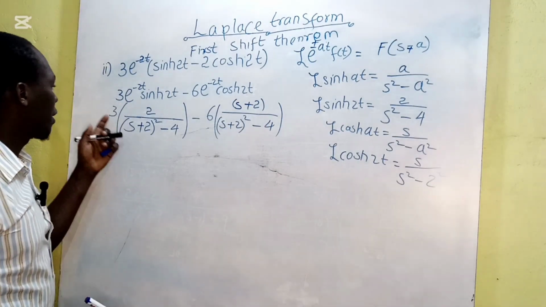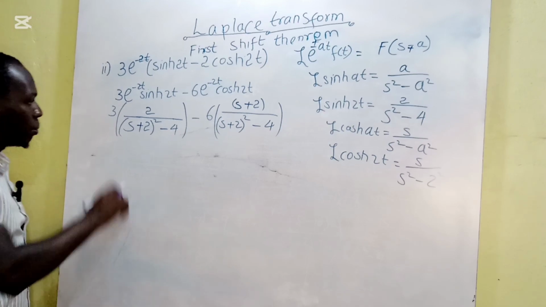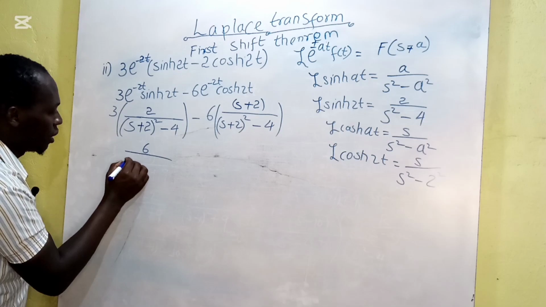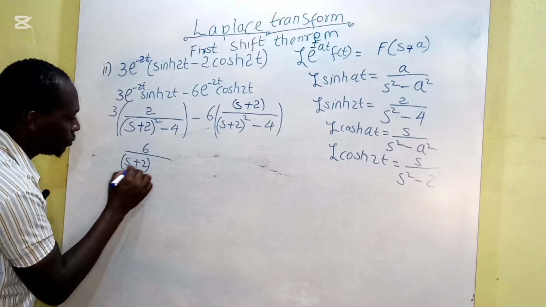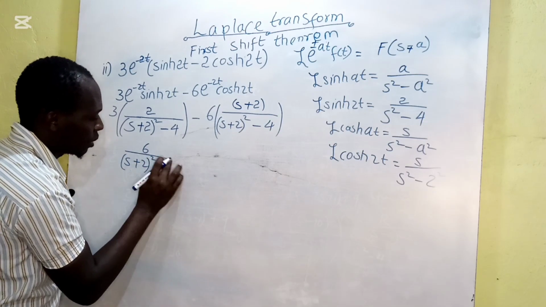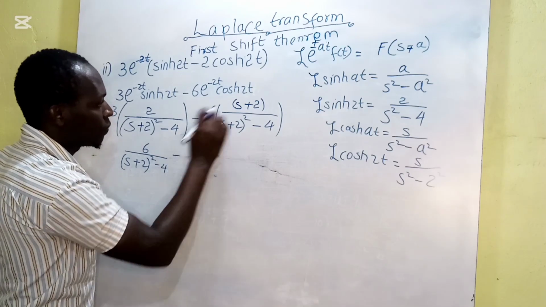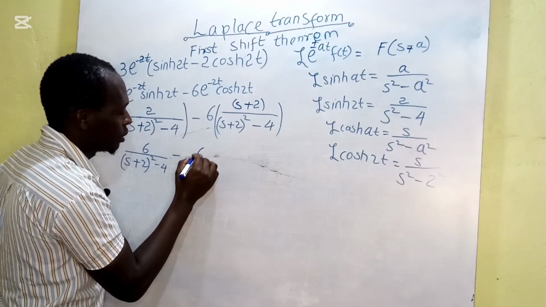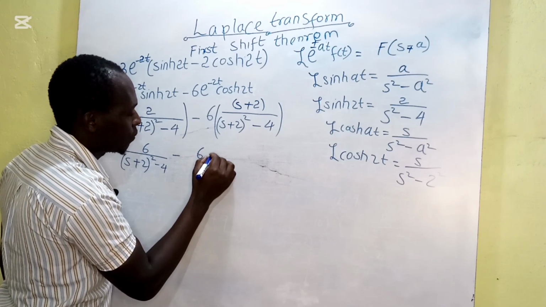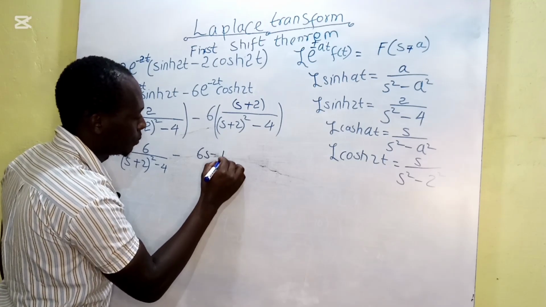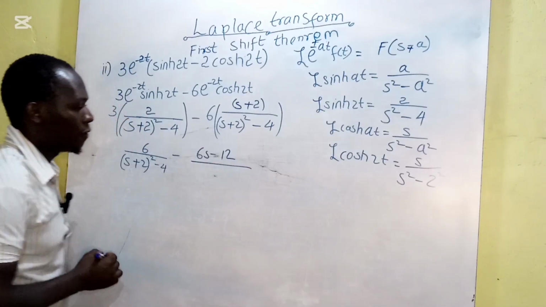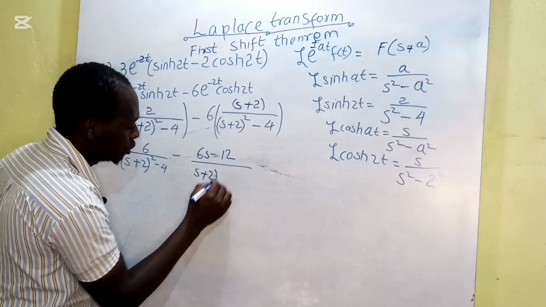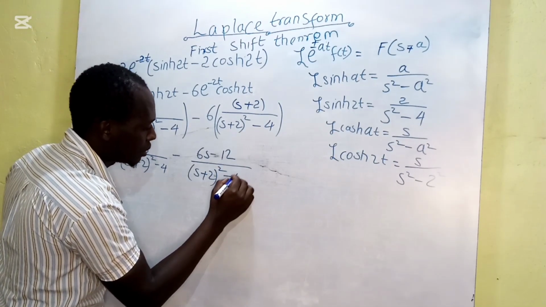On our numerator here, now we can work out our bracket. On the numerator we are going to have 6 all over s add 2 squared, subtract 4. We subtract 6s, subtract 12, all over, on our denominator, s add 2 squared, subtract 4.